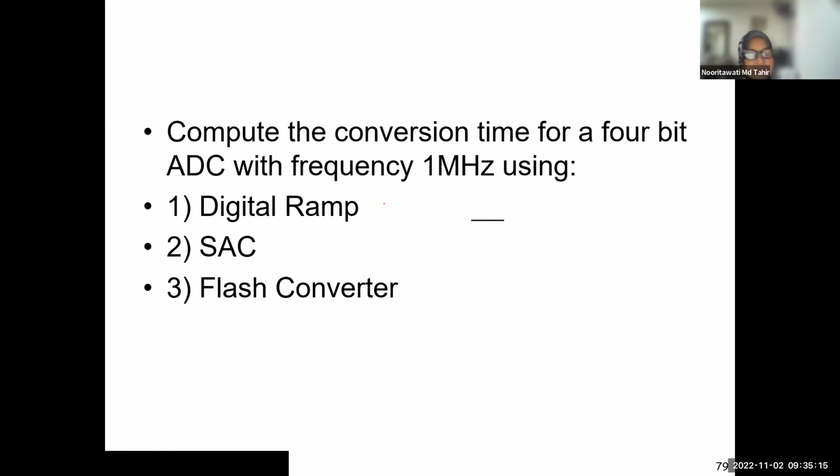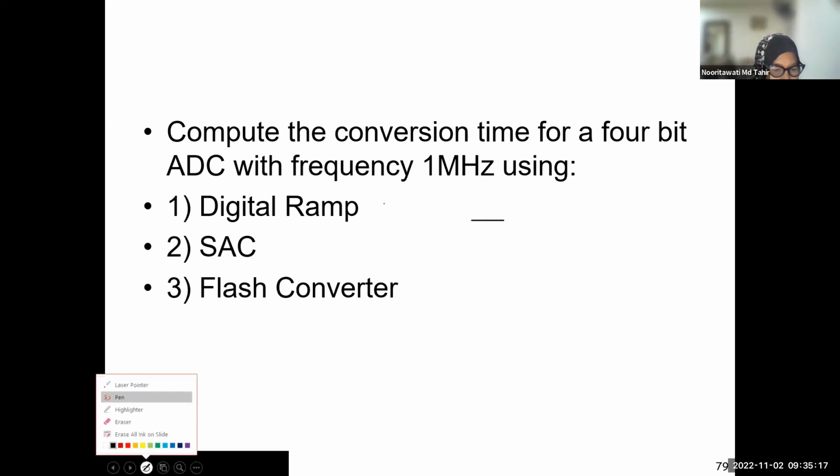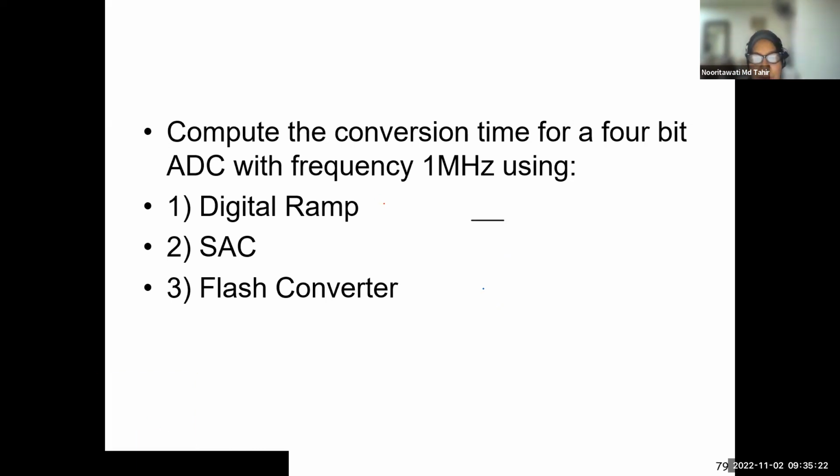Okay, so sekejap. So digital RAM, remember kalau 4 bits dia akan go 1 by 1 kan, so it will be 2 to the power of n minus 1.